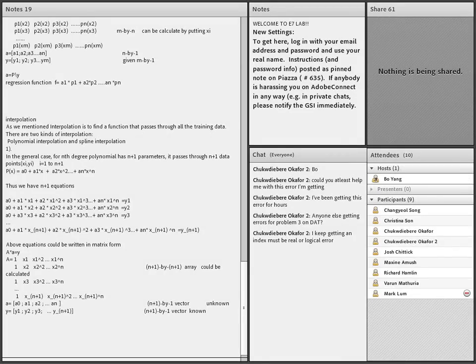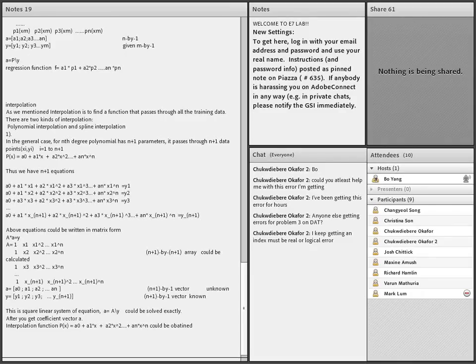So after building this matrix and vector, we can use backslash to solve the coefficient vector exactly. After we get the coefficient vector, we just put the coefficients into the p(x) function, the interpolation function. We can get its expression.